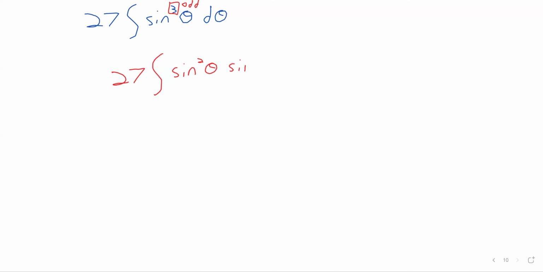We pull that sine out. And now if this were like the sine to the 8th, we'd rewrite it as the sine squared to the 4th. It's just the sine squared. There's no rewrite necessary. We, for the second time in one problem, use the Pythagorean identity. The sine squared is 1 minus the cosine squared.